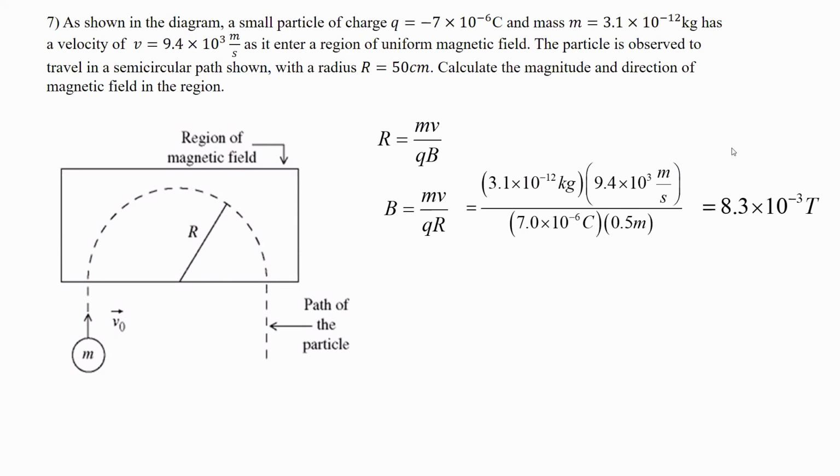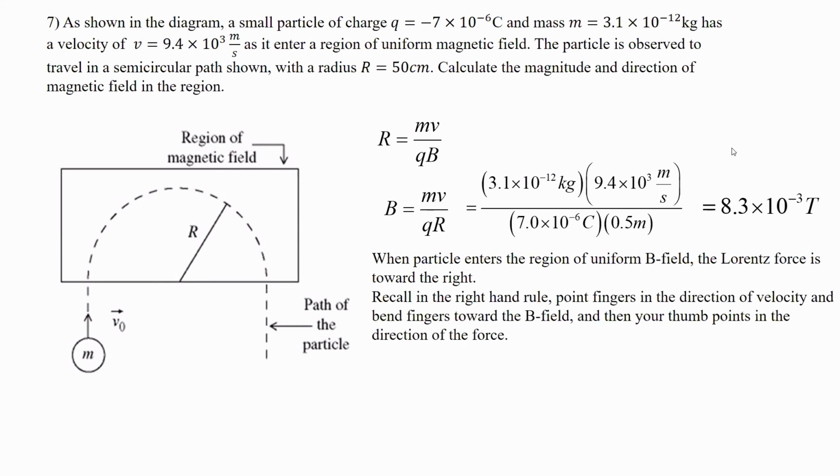But we don't know what the direction of the magnetic field is. We see though, the particle's trajectory is deflected to the right. If it wasn't for the magnetic field, if it's just in a vacuum with no other forces acting on it, the particle would just continue to move in the upward direction, right?